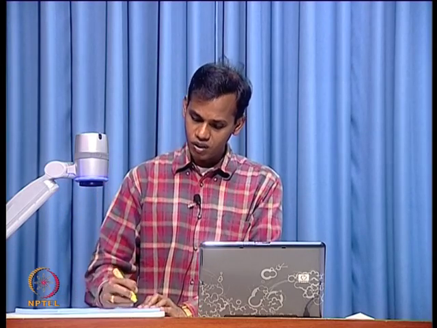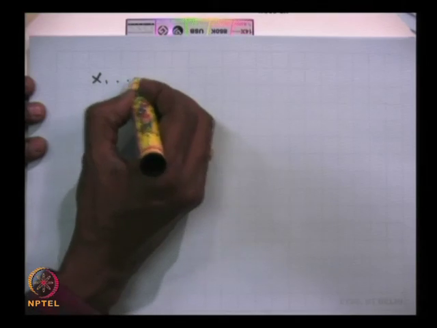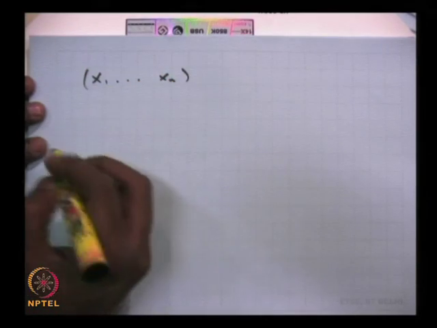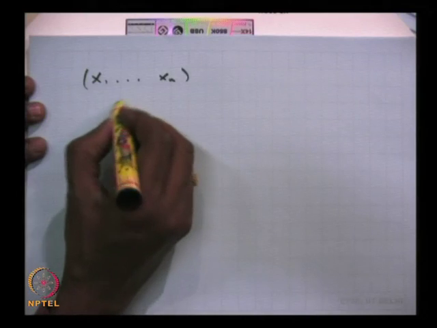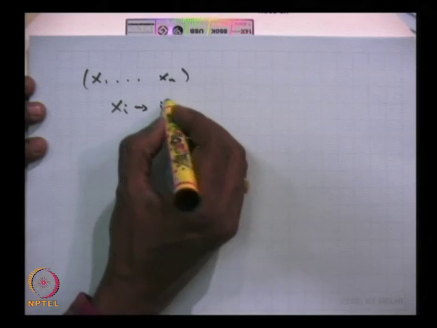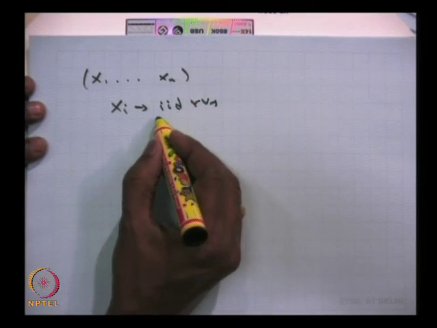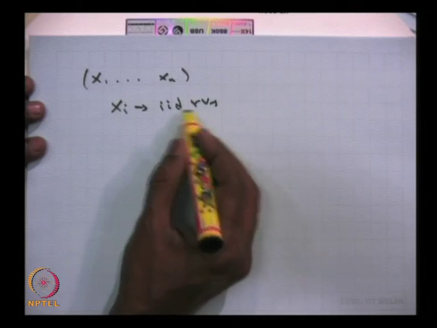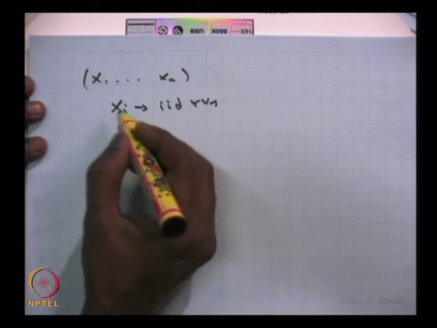There is some important property of the moment generating function. Suppose you have n random variables and all the n X_i's are IID, that means independent identically distributed random variables.